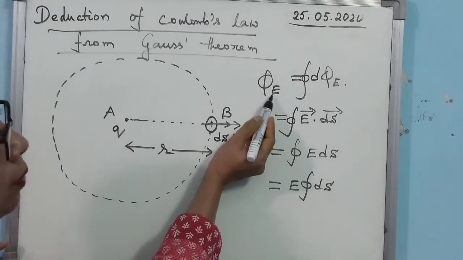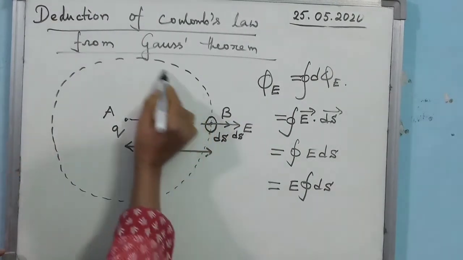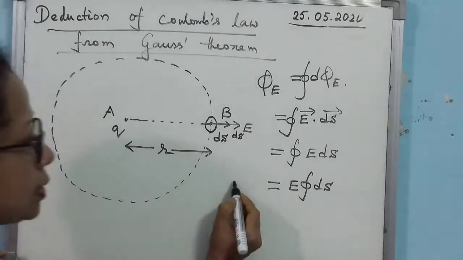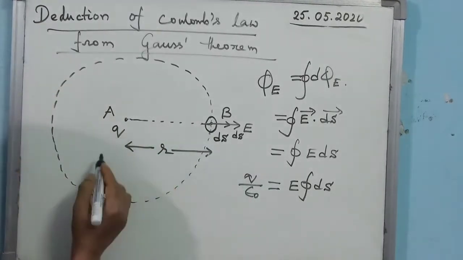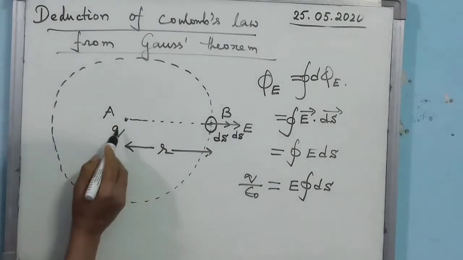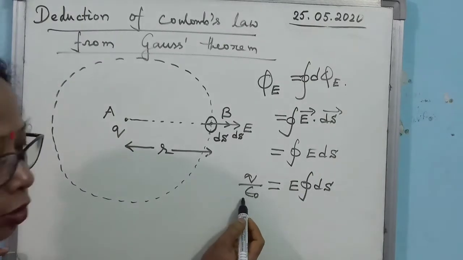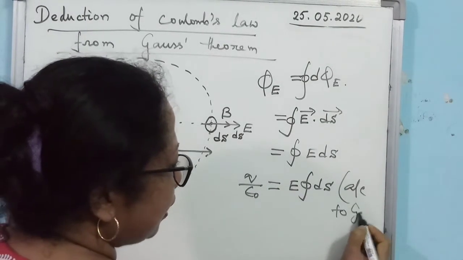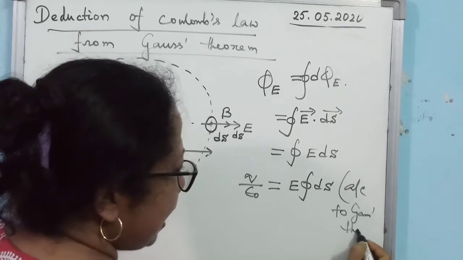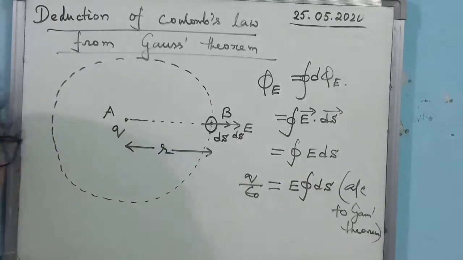Now what should be the left hand side? According to Gauss's theorem, the electric flux passing through the surface is 1 upon epsilon 0 times the net charge enclosed. In this case, what is the net charge enclosed? Q. So you can write it as Q upon epsilon naught. Next, what is the magnitude of integration ds?